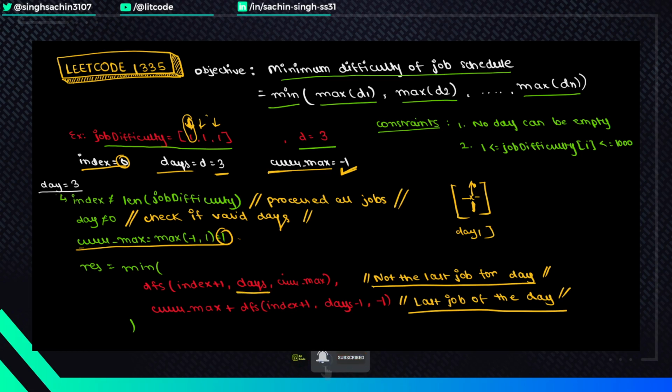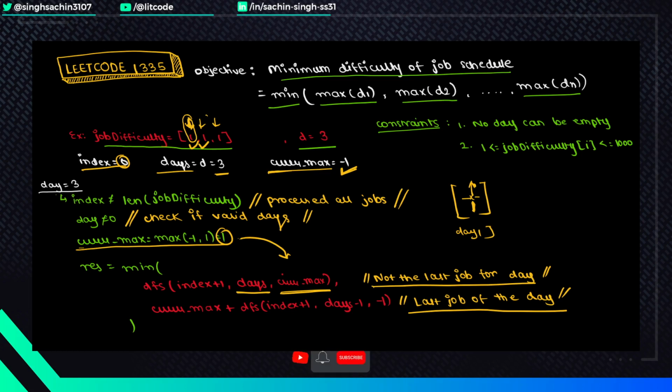And we want to keep track of the current maximum value, so this value will be passed in this call, and the number of days will remain the same, but we will increment the index, because of course, if we have processed this, now we want to process the next element.